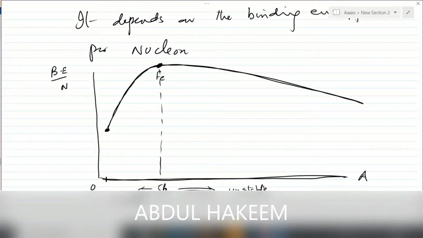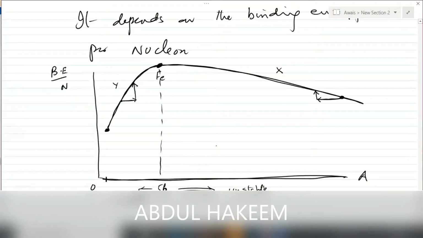But the reason is, in this X portion, if the element is losing mass, it is getting more stability. And here in this Y region, if the element is gaining mass, it is gaining stability.